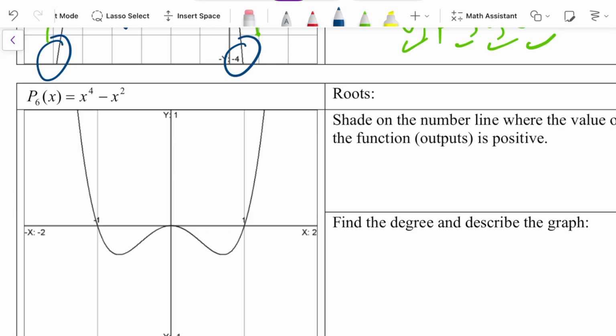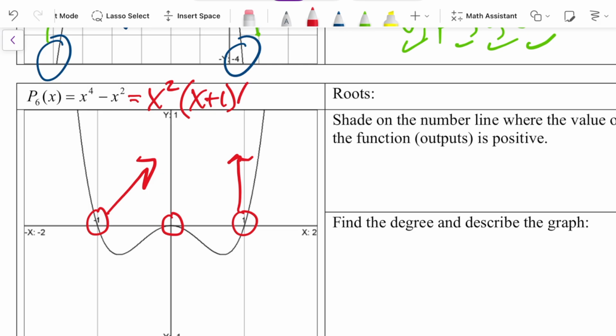Finally, another W-looking graph. This graph's equation is not factored, but by looking at the intercepts, -1, +1, and the behavior at 0, where it's bouncing, we can factor it. The bouncing on 0 would be x squared. The -1 root would be an x plus 1 factor, and the +1 root would be an x minus 1 factor.